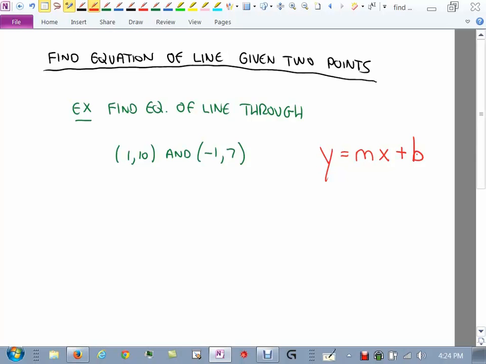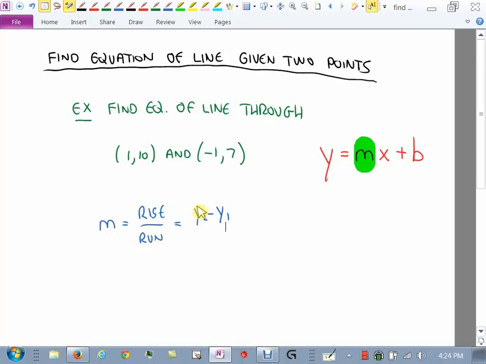All right, so let me first try and figure out what the slope is, right? What's the slope of this line? Well, we know that the slope, m, is equal to rise over run, right? The rise is going to be the difference of your y coordinates. Technically, the way we write that, you've seen probably in past classes, is y2 minus y1.